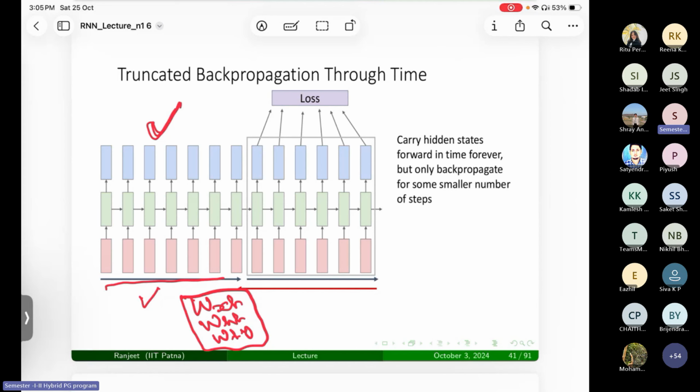So for the first n words, you got the gradients, and you applied this gradient descent type of method to update these W's. Now the next chunk will have all the updated W. Again it will start from here.